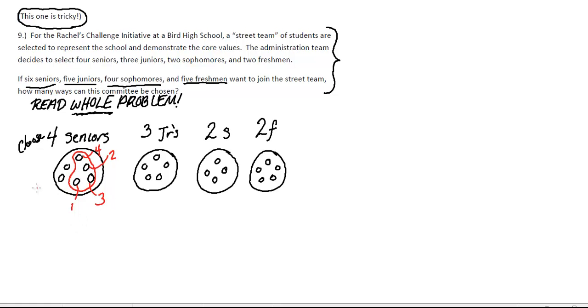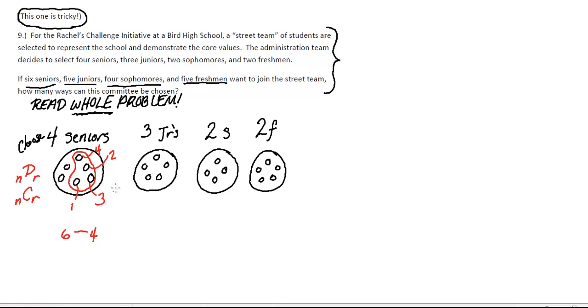Okay, so really what we don't know is whether it's going to be an NPR or an NCR. So we're going to try and figure that out first. So whether it's a C or a P, we don't know. So I'm just going to go ahead and put a little space there. But we know the N value, right? There's 6 people here. It's going to be 6. And I know I'm choosing 4 of them.